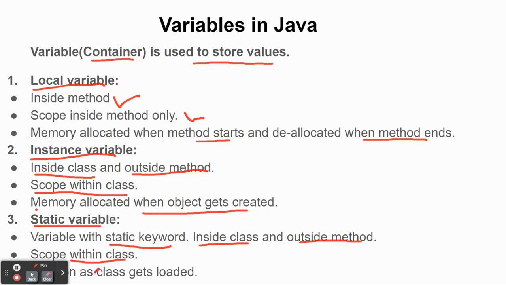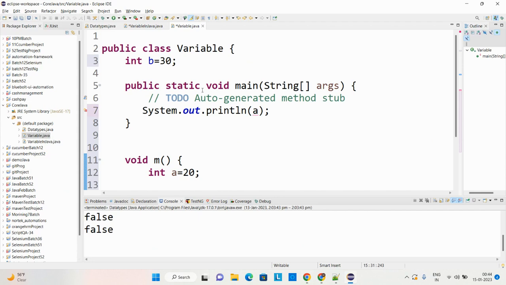And it will get the memory when the class is getting loaded. Your dynamic loader will load each and every class into the main memory, and at that time this variable will get the memory allocation. So we'll quickly create the static variable as well. How to create the static variable?